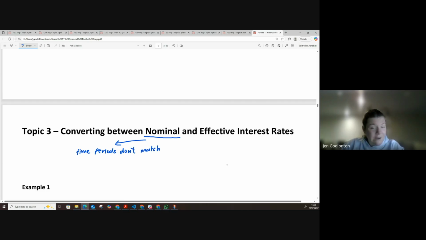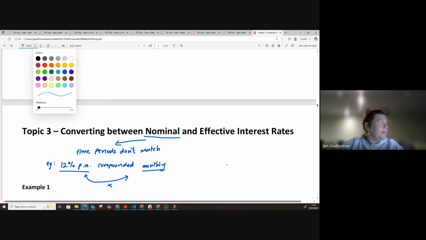Okay, so what I mean by that is if our question said 12% per annum compounded monthly. Okay, so this is saying per annum, and this is saying monthly, and a year and a month don't match time-wise.